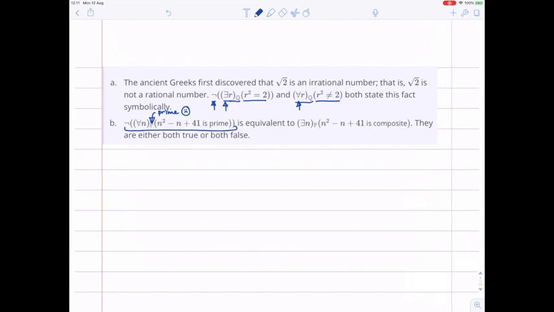So this is saying it is not the case that for every prime number, n squared minus n plus 41 is prime. And it turns out that this is equivalent to saying there exists a prime n such that n squared minus n plus 41 is composite. And remember, composite means it's not prime. They both say the same thing, and so if we figure out that one is true, then the other one must also be true. If the one is false, then the other is also false.